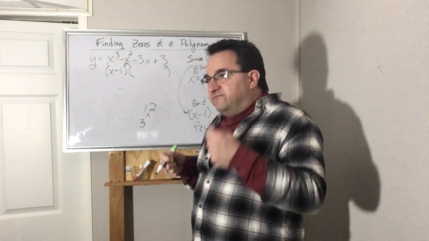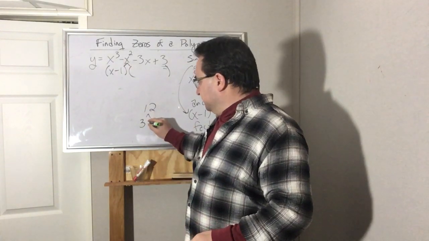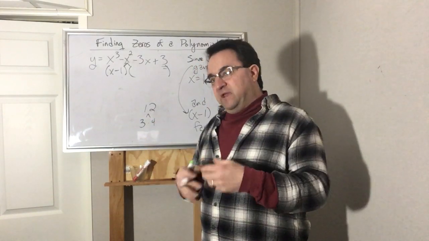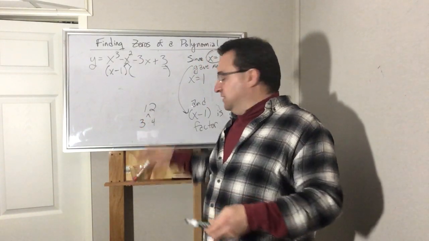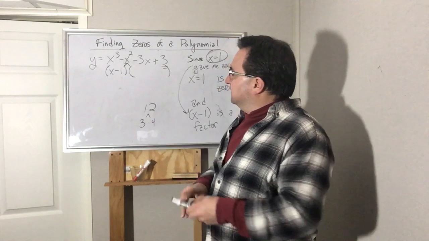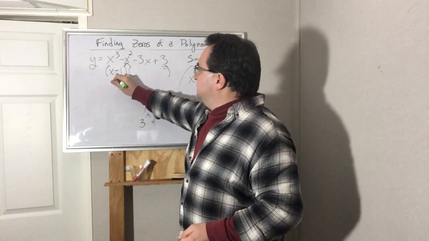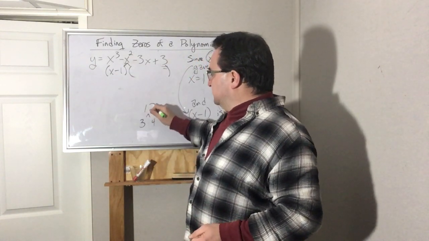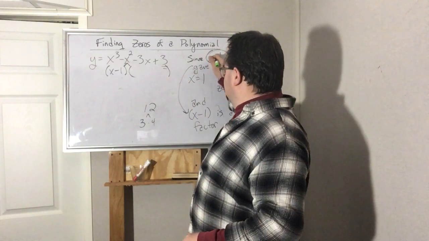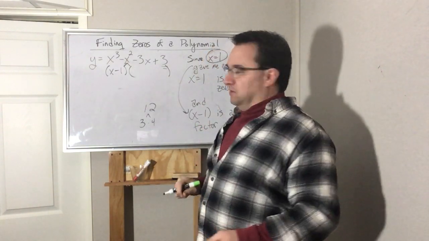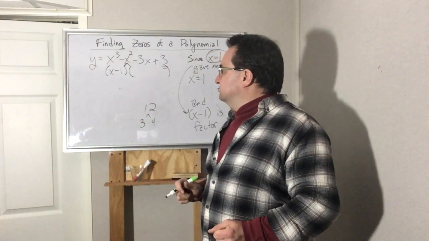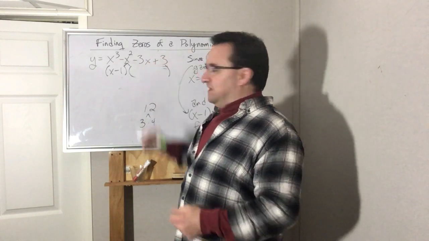But to factor 12, I would go 3, right? You would hook it with its pair. 3 times what equals that 12? That's factoring. So I know this goes in evenly, like 3 goes in evenly. How do I know? Because when I plugged in 1, it equaled 0. I did have to switch the sign. How do I get that other term?